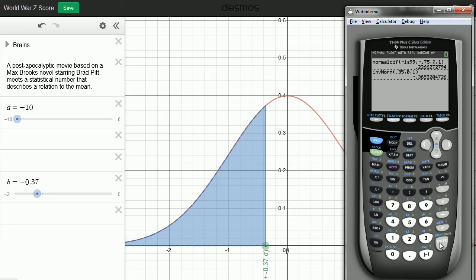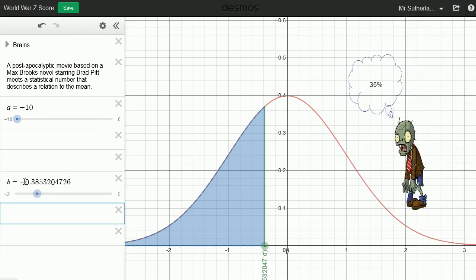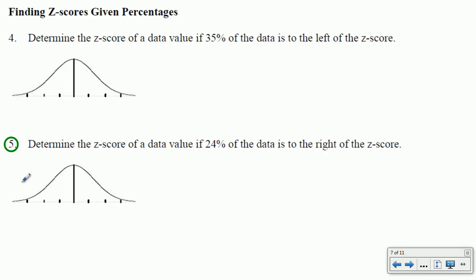Let's maybe see if we can reproduce that result in Desmos. So we're going to change this number to 0.38532,04726, and it looks like we did it. So let's record our result. So I guess roughly what that would have looked like is like that, and then this is 35%.